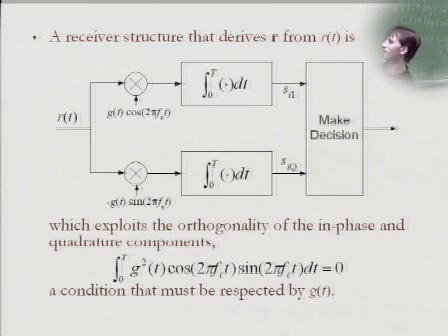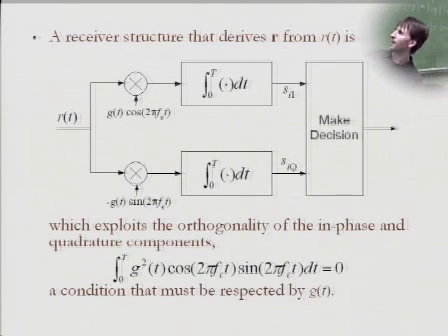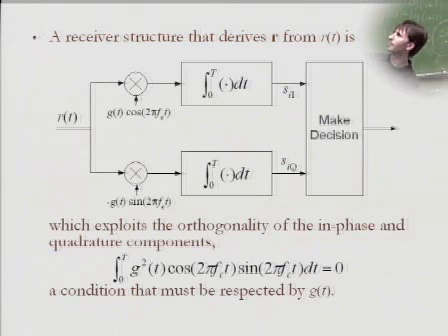The reason for this is the orthogonality of these components, right? Remember that when we integrate here, the quadrature component is riding on a sine. So times a cosine, we have an integration of a sine and a cosine that integrates out to 0. Remember we saw that the integration of a sine times a cosine gives us 0. So that clears out the quadrature and leaves only the in-phase on the top branch.